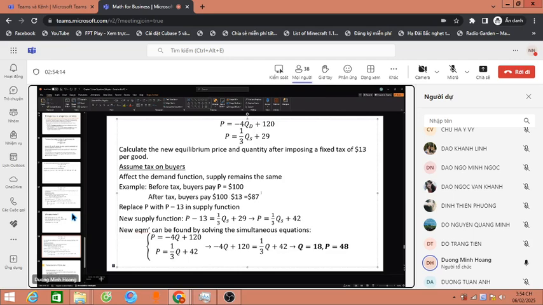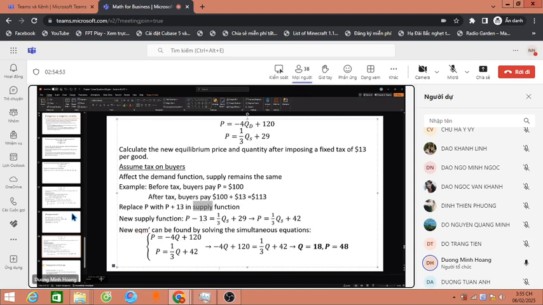Because tax is placed on buyers, buyers have to pay an additional $13 in order to receive that good. They have to pay $100 to the sellers, and they have to pay an additional $13 to the government. So before tax, they buy the good at price P. After tax, they buy the good at price P plus 13.